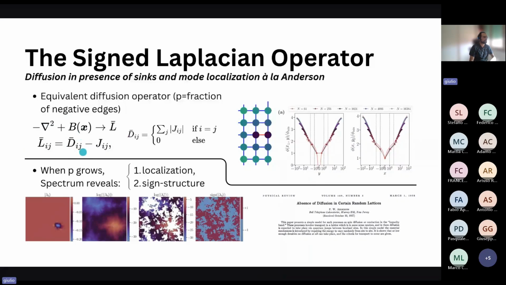The writing of the operator is the very same, but you take the absolute value of the entries of your coupling matrix so that you have a positive definite operator. To test what kind of diffusion this operator encodes, we simulated it on a simple lattice with a negative link.